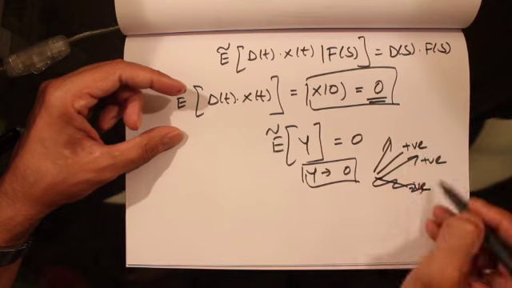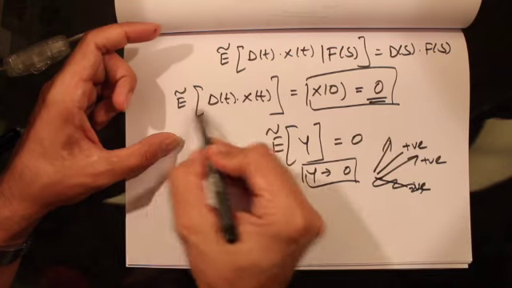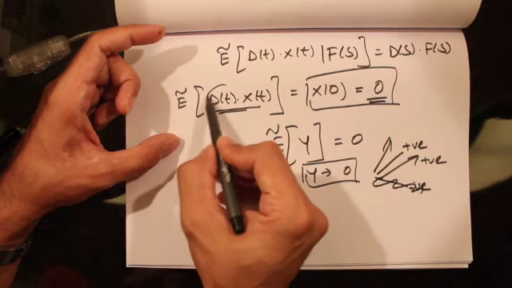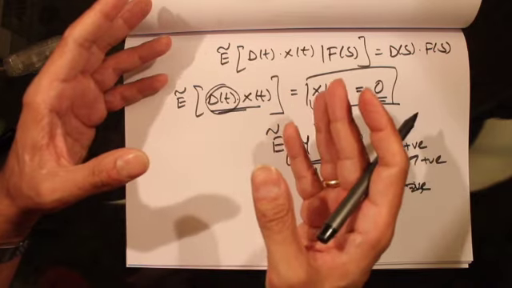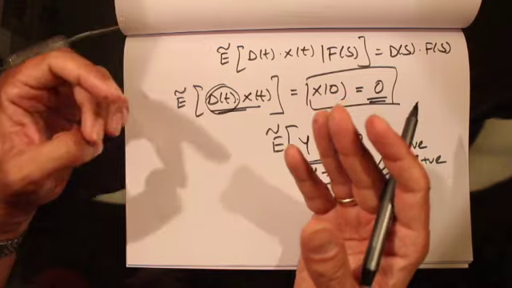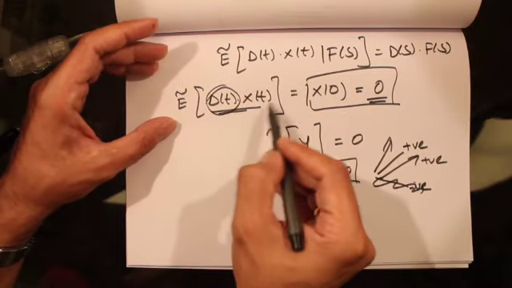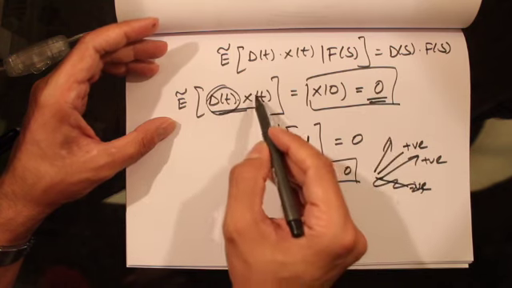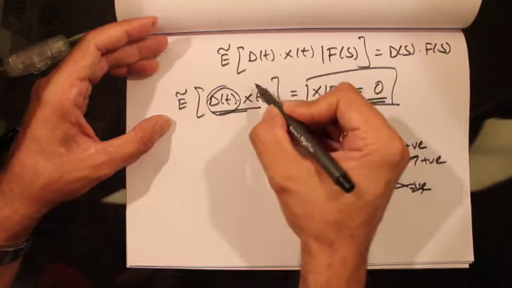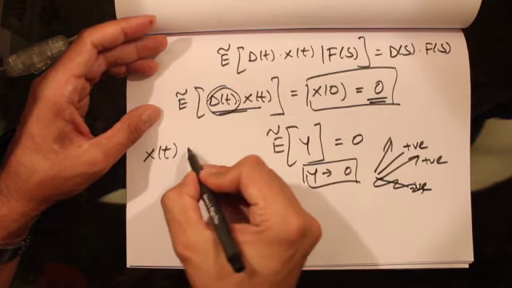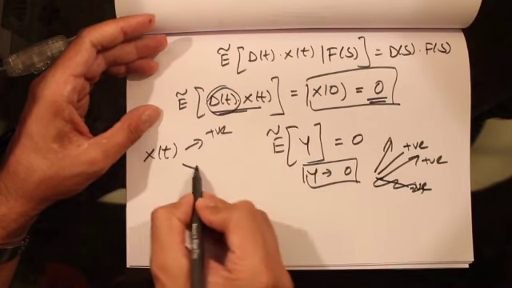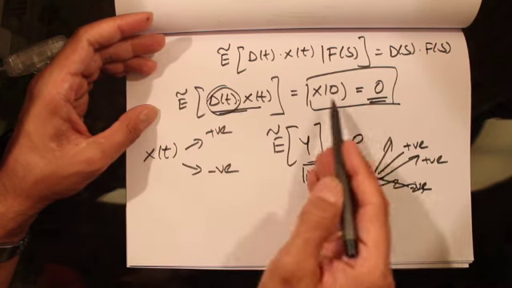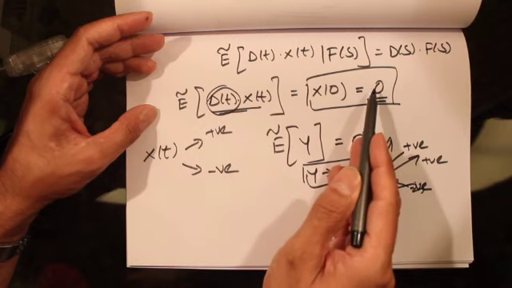And that is what's happening here as well. Because the expected value of this is equal to 0, and D_t is the discount process, which as we said is always positive, the only way this expected value can be 0 is if X_t takes a positive value and also takes a negative value. That's the only way we can cancel it out and the expected value can become 0.